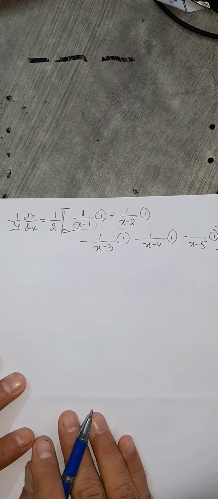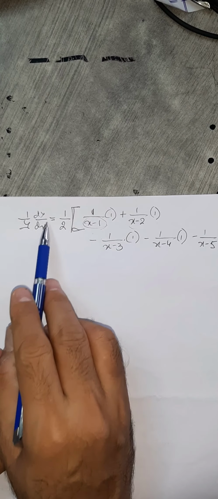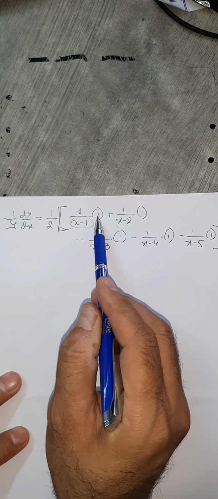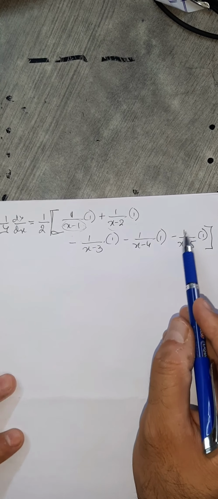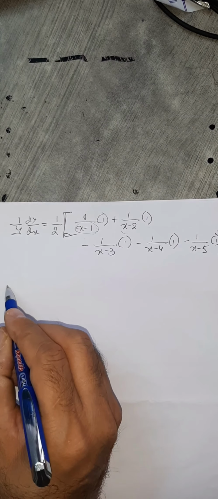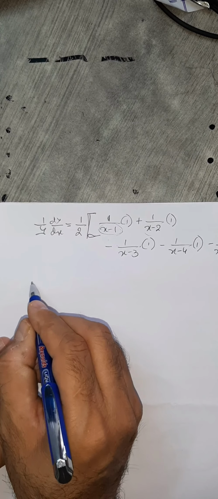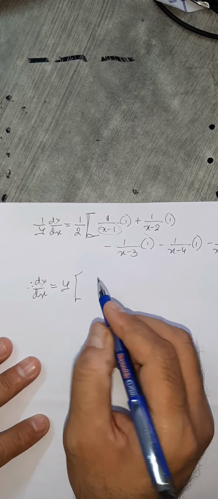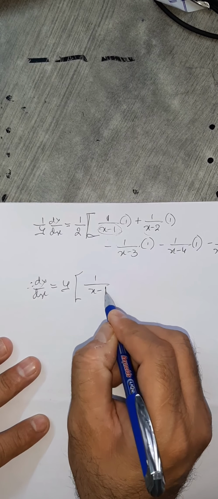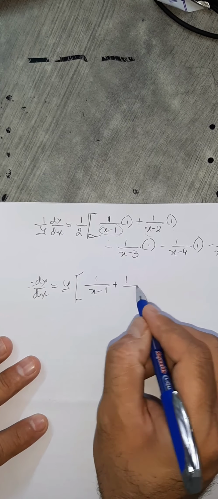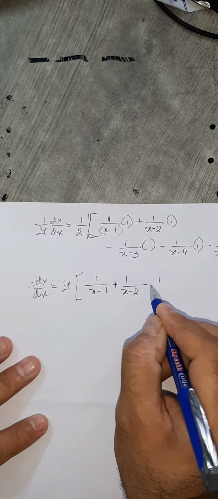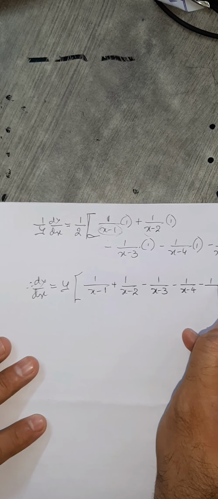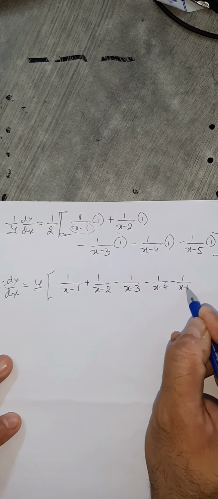I'll repeat this. The derivative of log y is 1 upon y into dy by dx. Imagine these are the x, so 1 upon x minus 1, derivative 1, everywhere the same procedure. Now finally, therefore dy by dx equals y into 1 upon x minus 1 plus 1 upon x minus 2 minus 1 upon x minus 3 minus 1 upon x minus 4 minus 1 upon x minus 5.